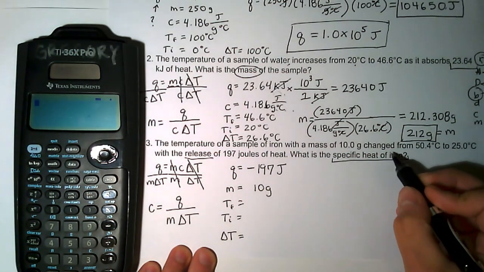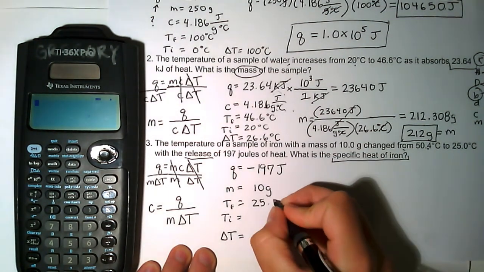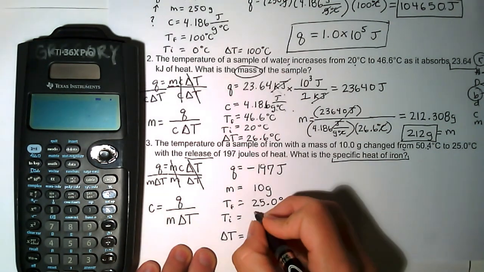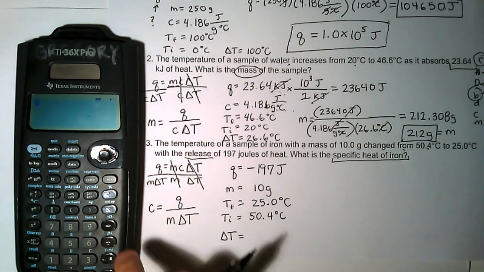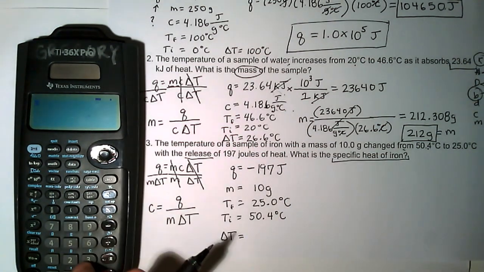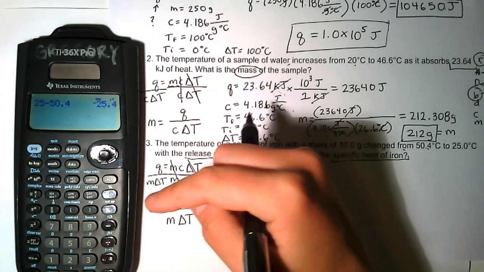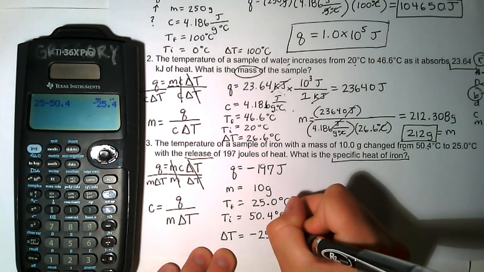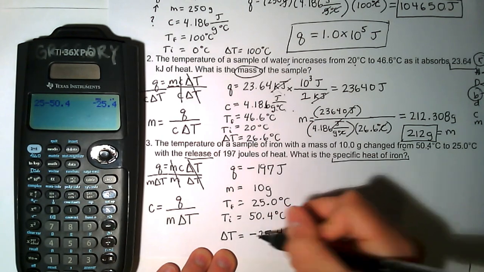So T final from this one to this one: 25.0 degrees Celsius is our final temperature, and then 50.4 is our initial temperature. So 25 minus 50.4 gives us negative 25.4. And that is our change in temperature, negative 25.4.